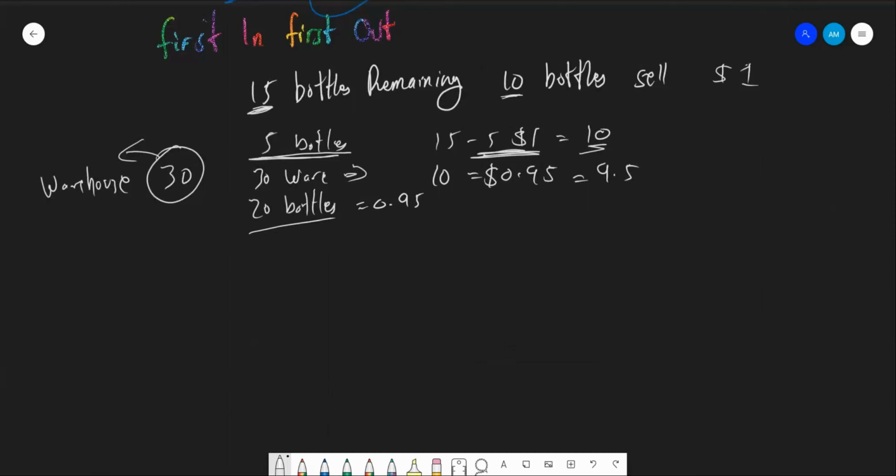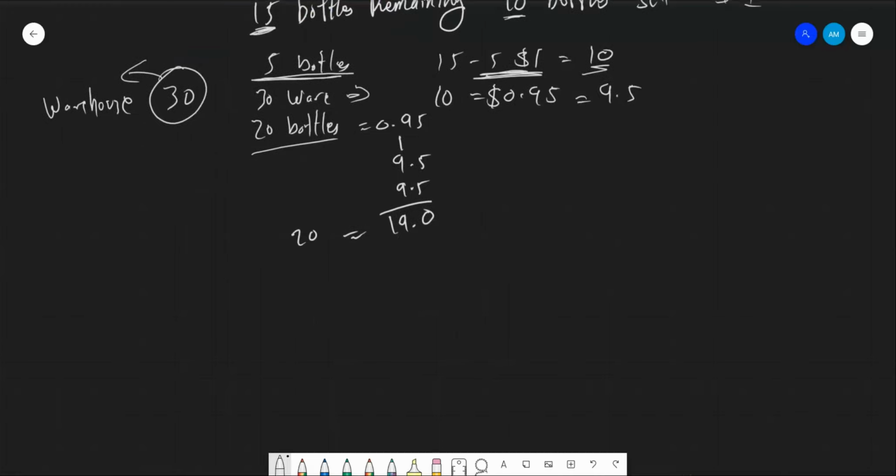So the total would be 9.5 plus 9.5, which is 19 bucks, right? So our 20 bottles equal $19.